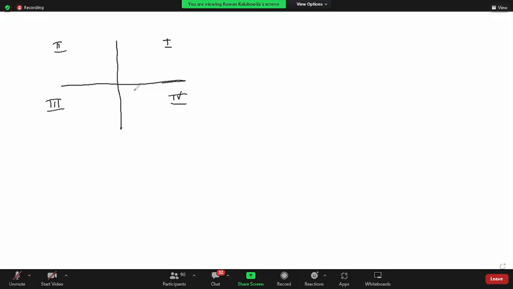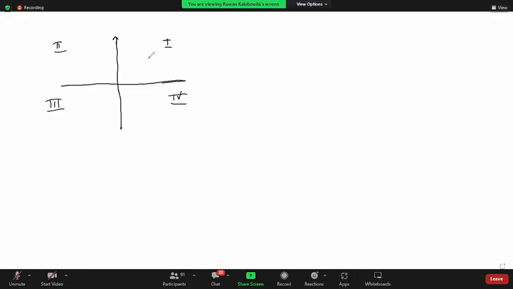For sine, cos, tan, and cosec, sec, cot, the sign depends upon the value of the angle. So we have to memorize this.